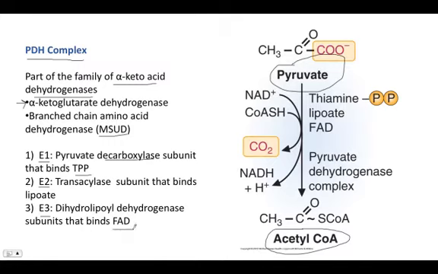The overall reaction schema is shown here, where the conversion of pyruvate to acetyl-CoA to generate this high-energy thioester bond is coupled to the overall reduction of NAD to NADH. The next slide will illustrate the reaction scheme of each of these subunits more specifically.